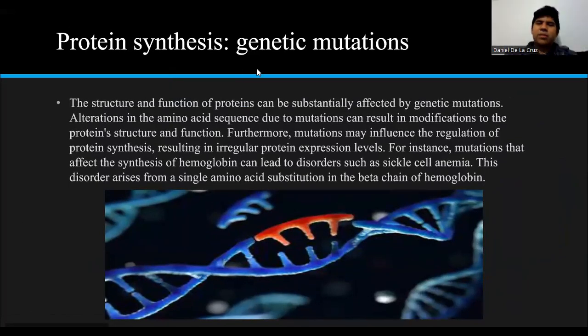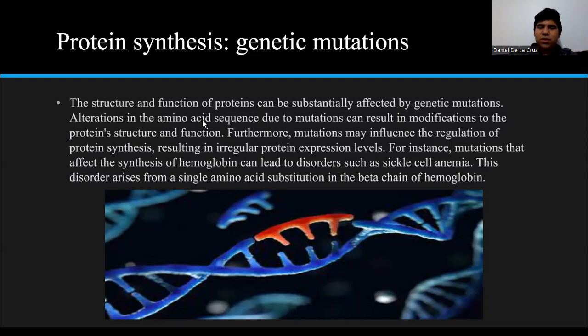So now I'll be talking about protein synthesis and genetic mutations. So we know that each amino acid sequence is genetic code. They're made similarly like this into helixes, as we can see in the bottom picture. However, if we take pieces out, then we can cause a mutation.